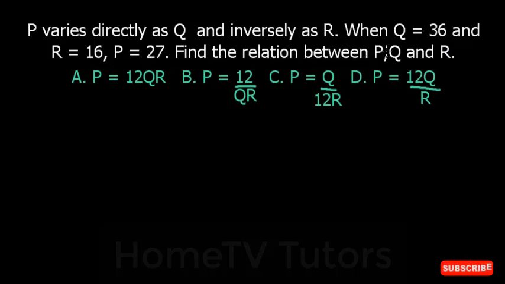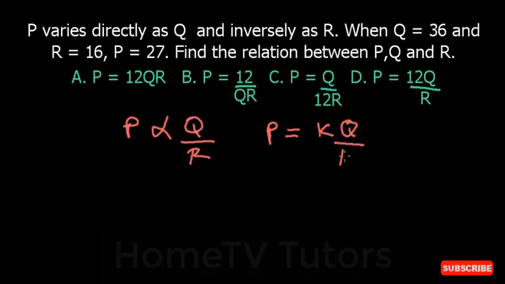Find the relation between P, Q, and R. Alright, so when P varies directly Q and inversely R, okay, so P equals constant K times Q over R. So when P is 27, we have 27 equals K and Q is 36 over R, which is 16.